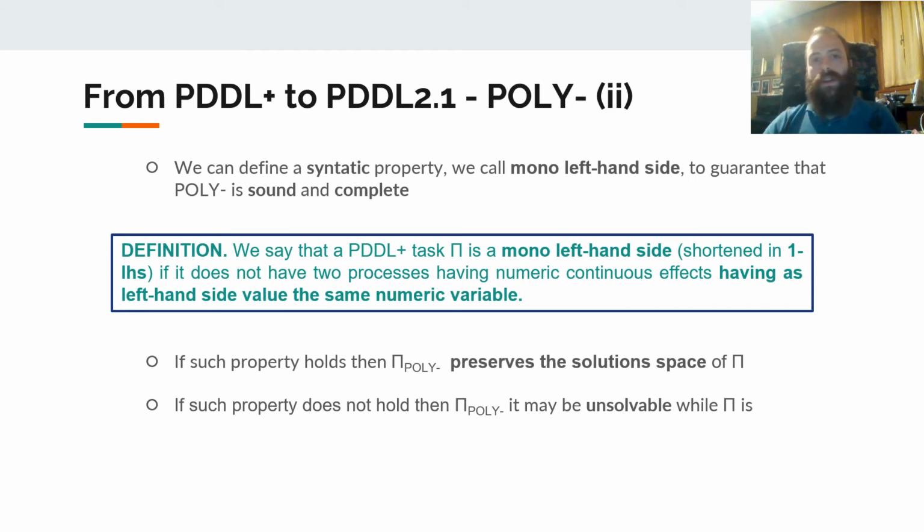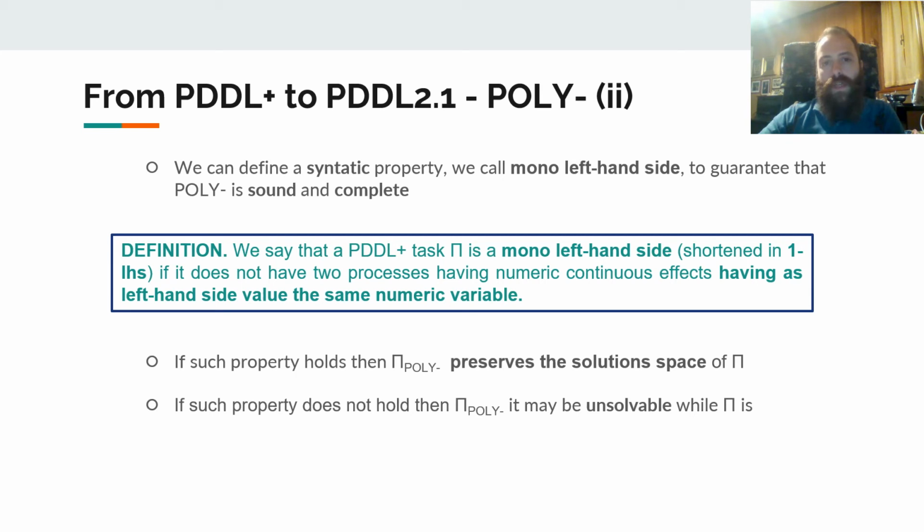Now we can define a simple syntactic property that we call mono left-hand side in order to guarantee that the Poly minus translation is sound and complete according to the discrete PDDL Plus semantics. We say that a PDDL Plus task pi is mono left-hand side if it does not have two processes having a numeric continuous effect affecting the same numeric variable.